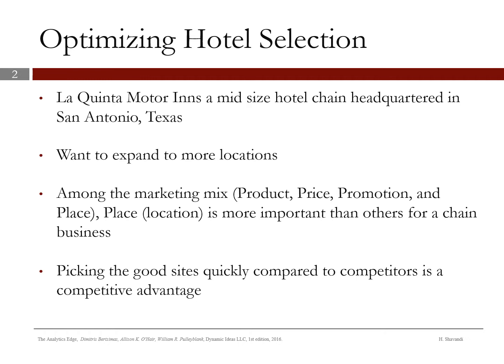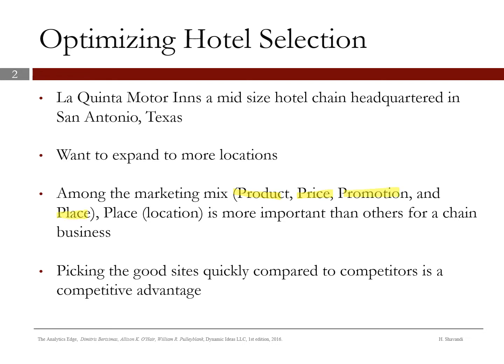In this case, we are talking about La Quinta Inn, which is a mid-sized hotel chain headquartered in San Antonio, Texas. This hotel chain wants to expand to more locations. As you know, in the marketing mix, we have 4 P's: product, price, promotion, and place.